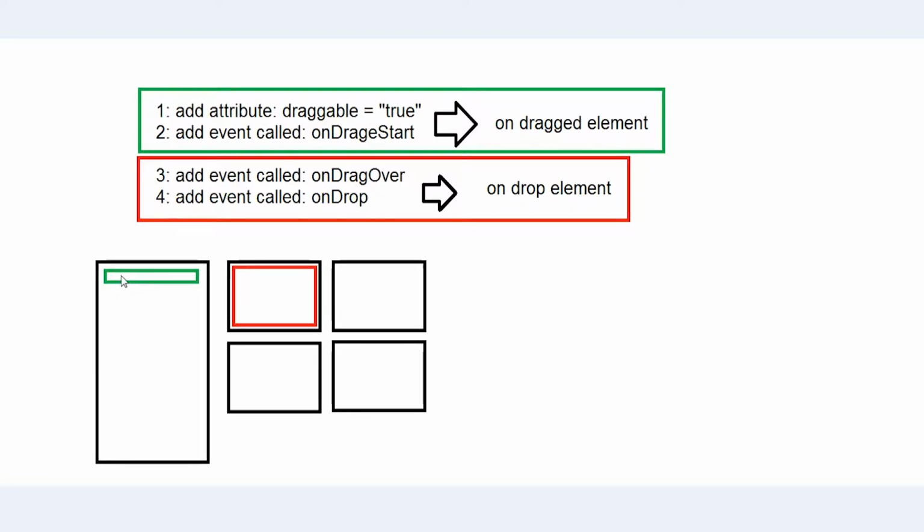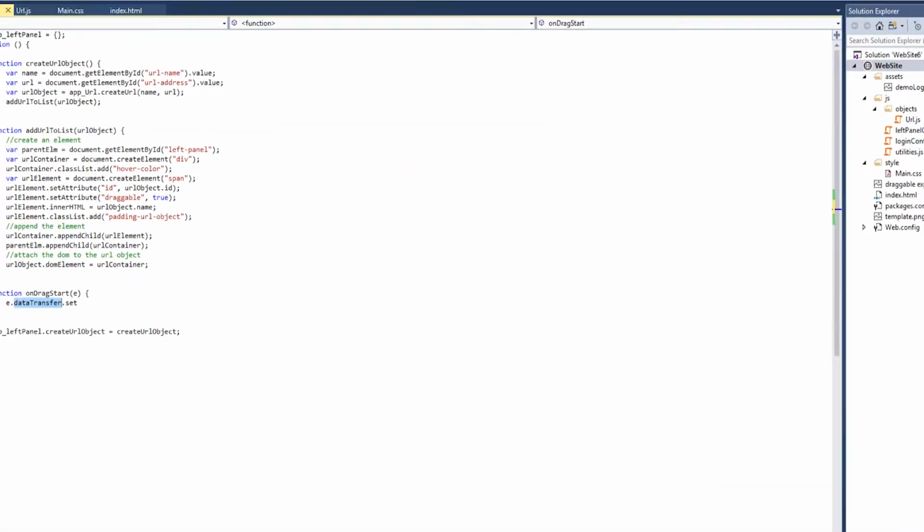It means that when I'm taking this element and I'm hovering over the element I want to drop, we need to take care of this part, and the drop function itself. So those are the 4 things we need to do, 2 on the drag element and 2 on the drop element. Okay, so let's go ahead and implement them.